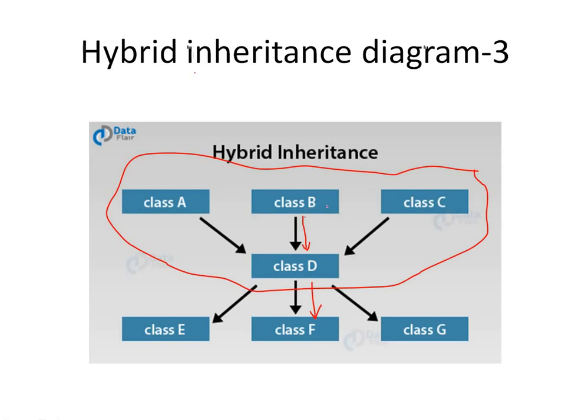Multi-level inheritance is one in which there exists one base class, class B is a base class, and one derived class, class F is a derived class, and one intermediate base class, class D is an intermediate base class here. If you follow this path, then it is called multi-level inheritance.